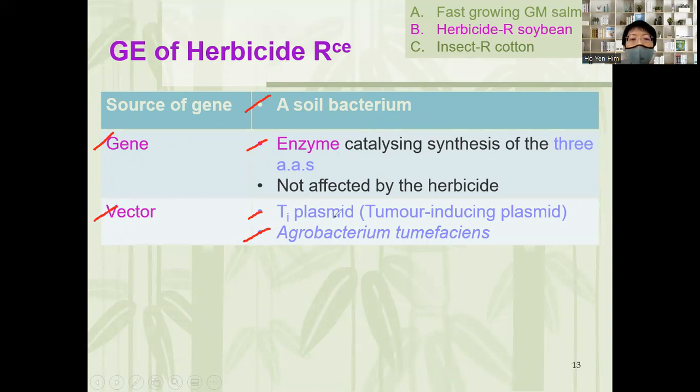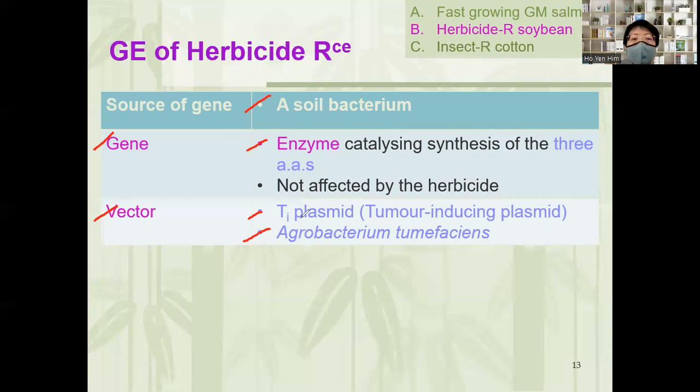Now, why is it called Ti plasmid? Ti plasmid is naturally found in this bacterium. So that's why you want to transfer the gene to this Ti plasmid and transfer this recombinant DNA into the bacterium. Then use this bacterium to transfer the gene into the plant cell, because this bacterium naturally infects the plant cell.